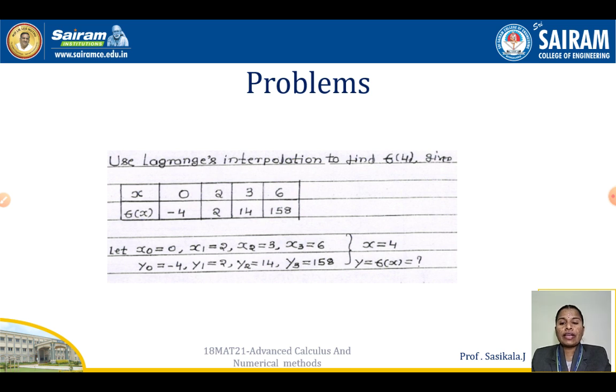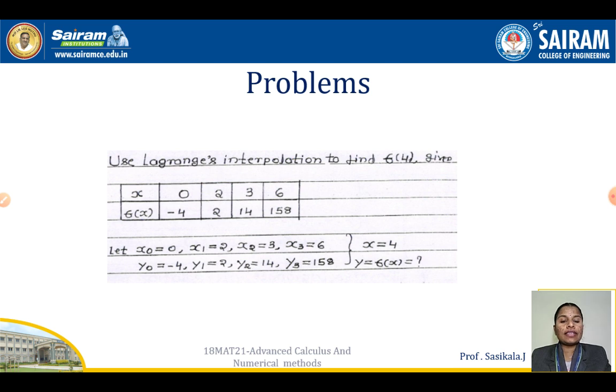Now x0 is equal to 0, x1 is equal to 2, x2 is equal to 3, x3 is equal to 6. Here there is no need for any table, because we are going to substitute directly into the formula. As per the formula, it's related only to x0, x1, x2, x3 and y0, y1, y2, y3, whatever values have been given.